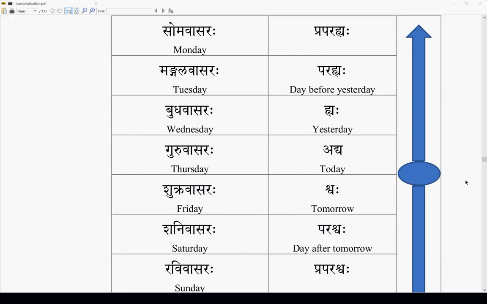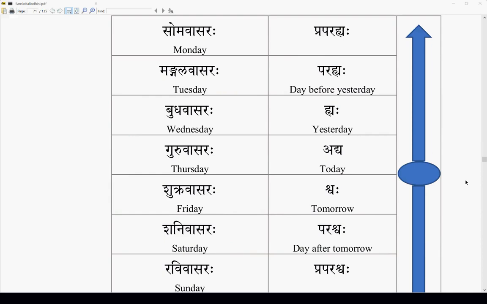We're almost at the end, but let me tell you one more thing. Why are they named like this? Why are these Monday, Tuesday? They are named after planets. But why after these planets?